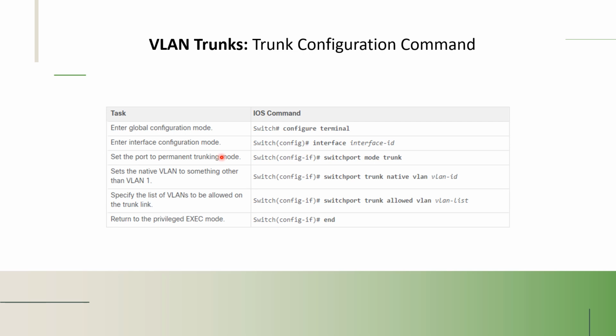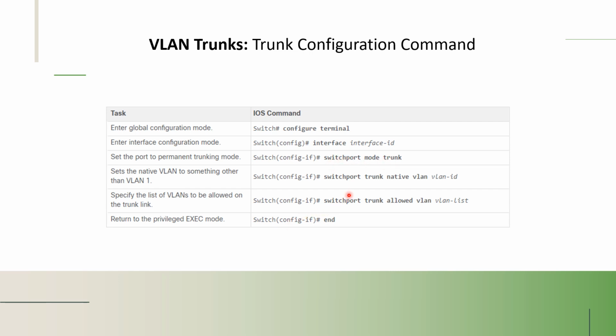You have to enter the interface configuration mode with the interface ID of the proper interface that you need to configure as a trunk, and then that port you have to put not in access mode in this case, but in trunk mode with switchport mode trunk.